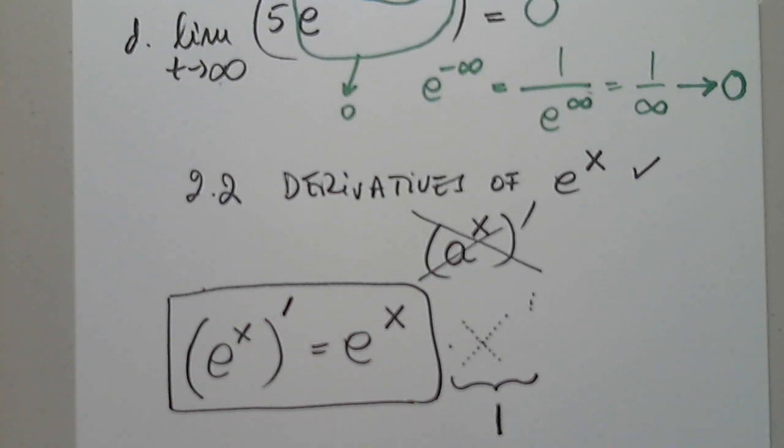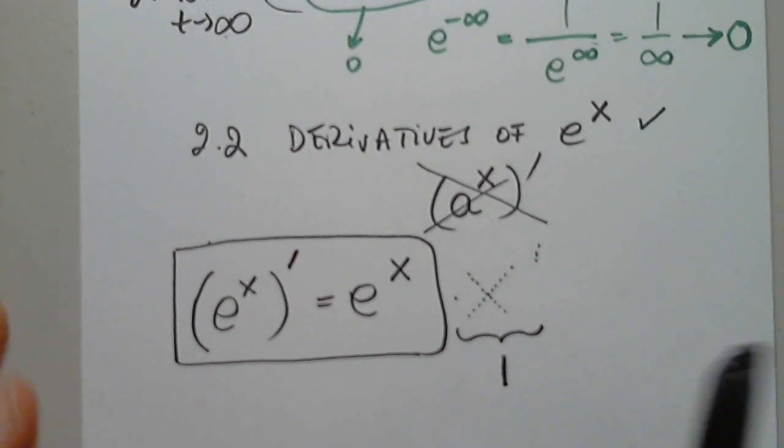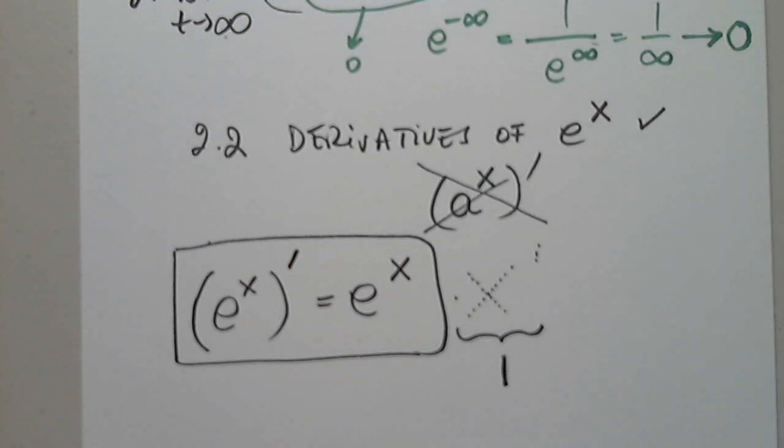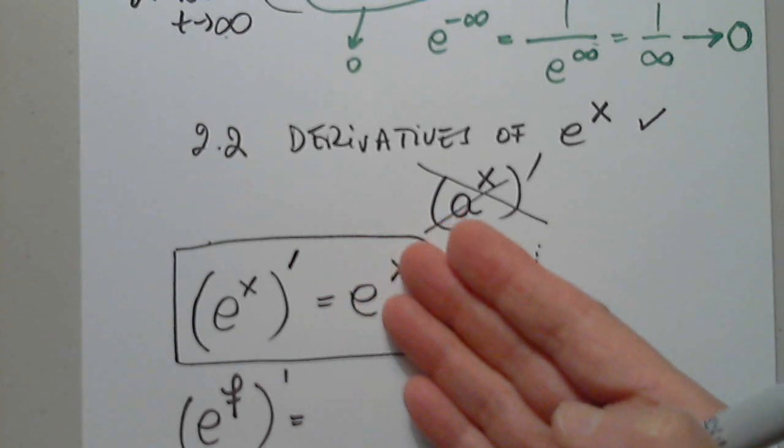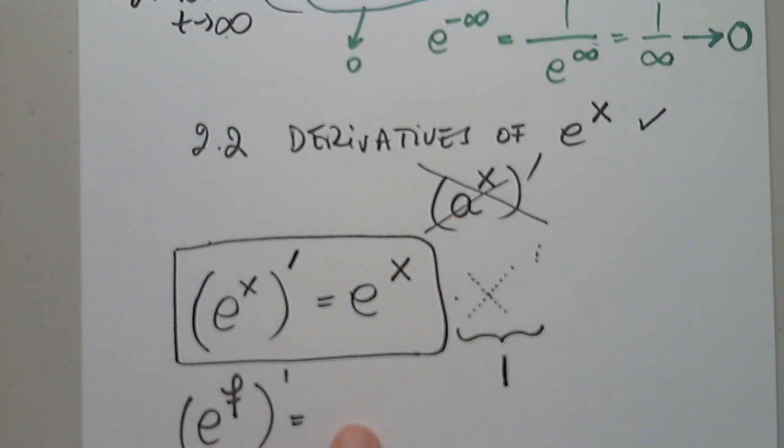Good. However, can anyone help with the following? E to a function prime. What do you think this will equal to? And then we'll choose examples. Can anyone give us e to a function prime? What should I write?